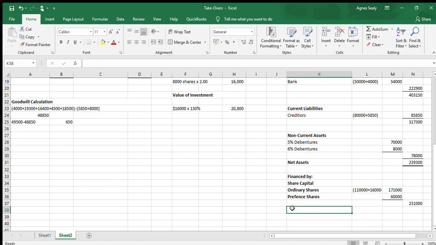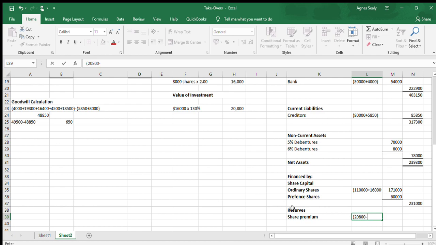So then we are also financed by our reserves, and we have our share premium. Our share premium will be the $20,800, which was the investment, minus the $16,000, plus the 4,500 that we calculated, which was the premium before.